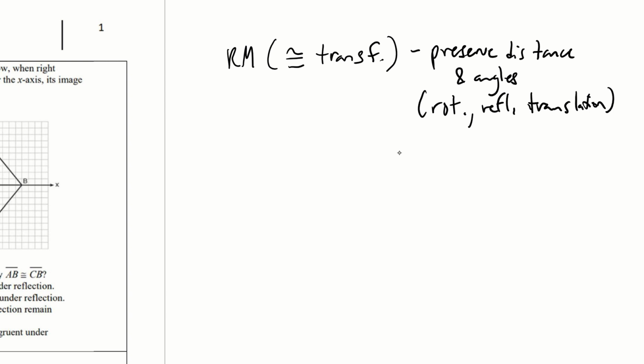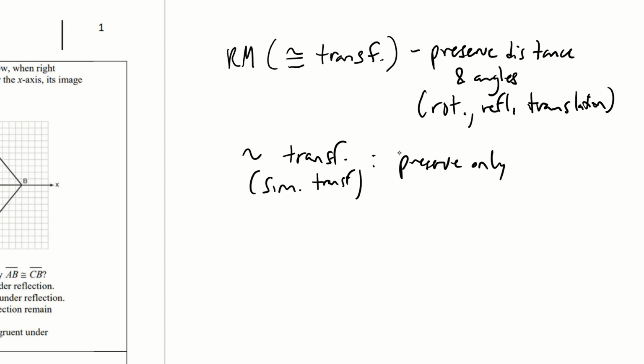On the other hand, you have similarity transformations, right? I'm going to use the abbreviation, the similarity symbol. Now, these transformations preserve only the angle. Similarity transformations are dilations or dilations plus rigid motions.